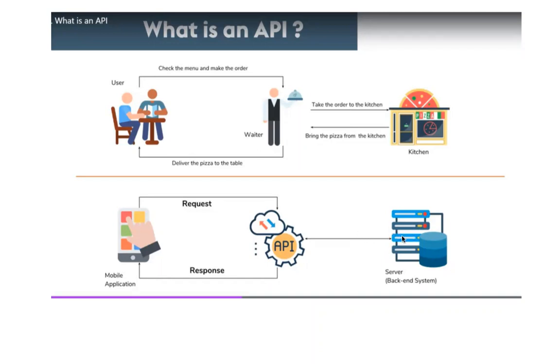Everything it checks in the database, gives the response back to the API, and the API displays it to the user in the console. This is how it works.